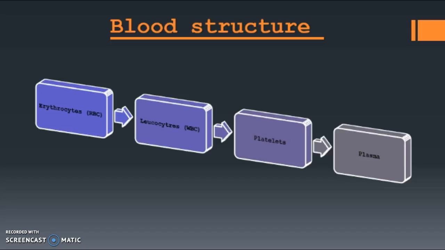The primary purpose of this plasma is to transport materials throughout the whole human body. It transports cells, nutrients, salts, enzymes, hormones and proteins all throughout the body whenever these compounds are needed. Blood plasma also helps to transport blood throughout the body.